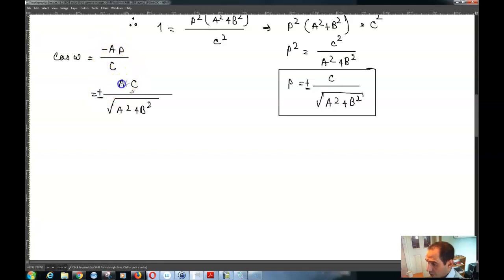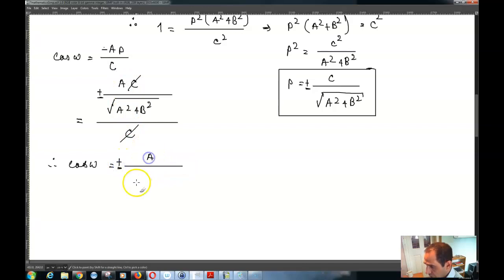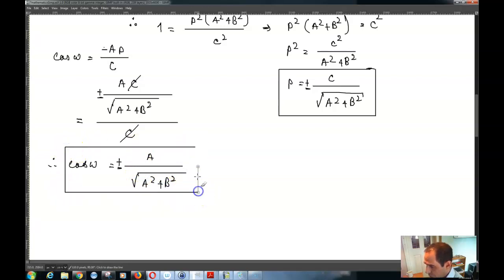If I multiply A over here, the negative is taken care of by the plus or minus, and you have to divide this by C. So this is what you get, and you can simplify the C with C. That means that cos omega is equal to plus or minus A over the square root of A squared plus B squared. So that is one thing again that you can use.